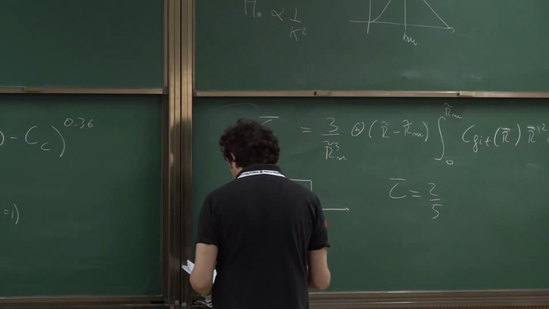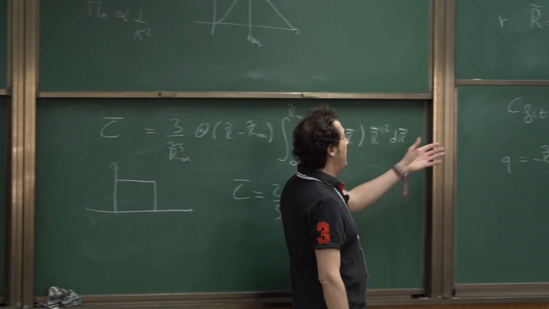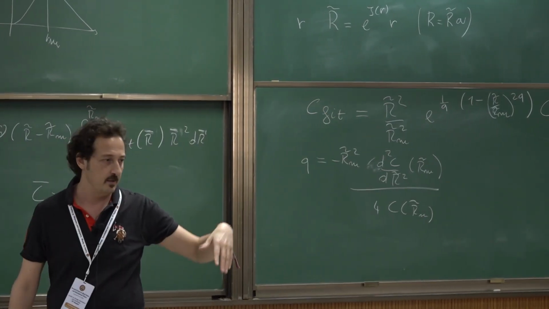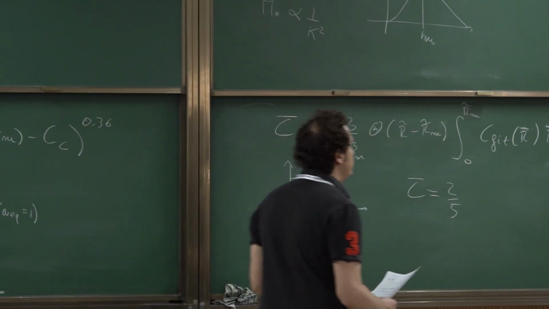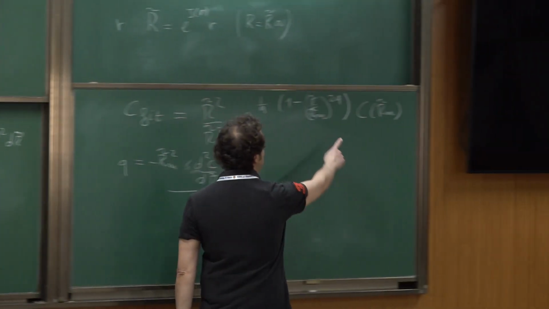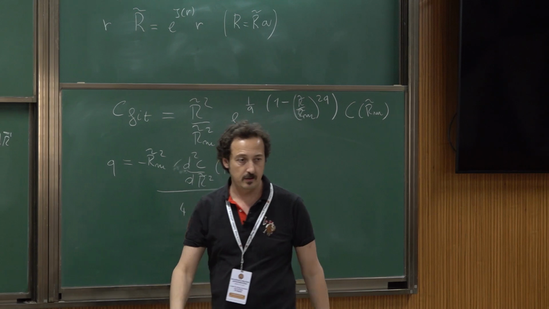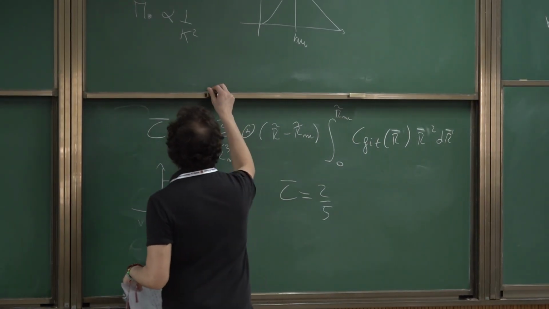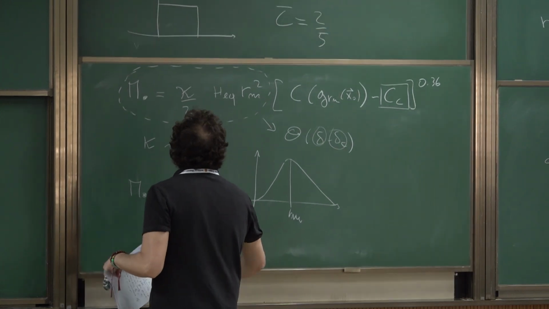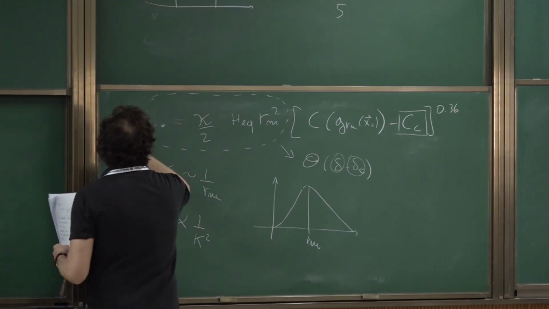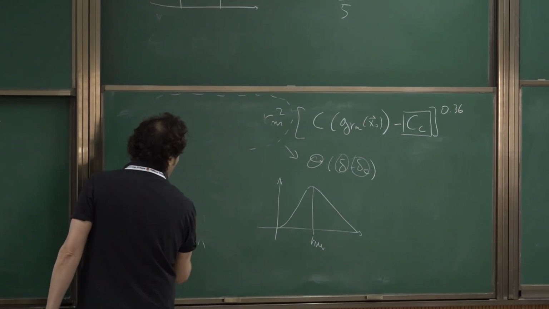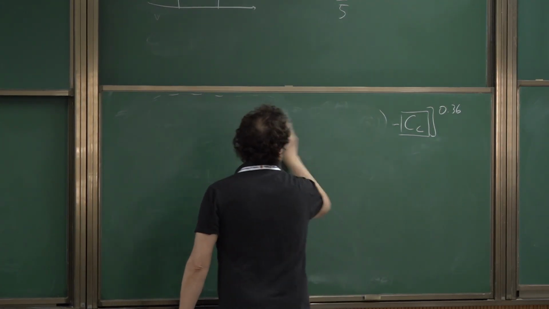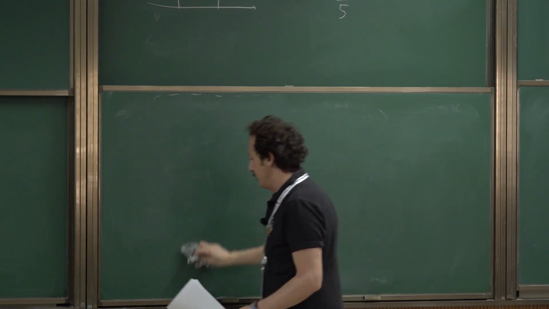You plug this into the integral, you do your integral, it's a gamma function, whatever it is, and then you simply invert for this value here, which is the value of the peak. So the threshold then turns out to be, by construction, only dependent on the second derivative and the value of R_m, of course.